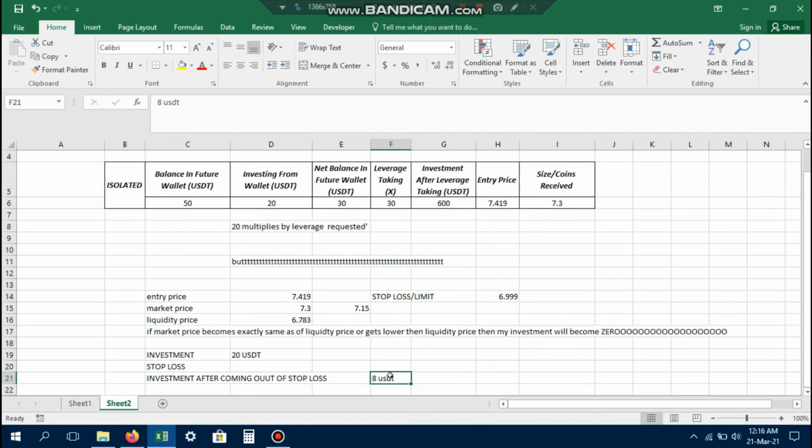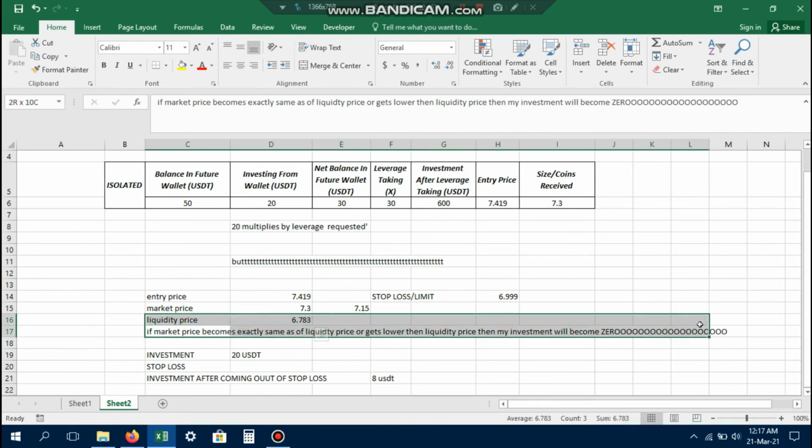Okay, now let me explain once again about liquidity and stop loss. Suppose you entered the market and your liquidity price was this. When the trade began, the market price kept falling, and you feared that if the market price comes to the liquidity price or lower, then your whole investment will be zero.